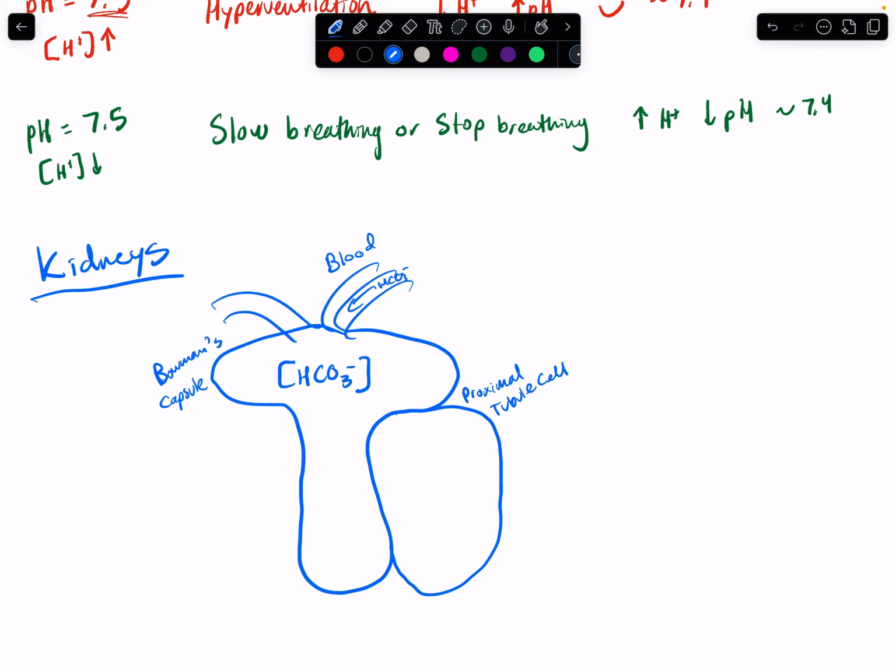And what's going to happen is now the built up concentration of bicarbonate is going to react with something, and this proximal tubule cell is actually going to supply an H+. And so we're going to do a little reaction here, and these two are going to react together to form our carbonic acid.